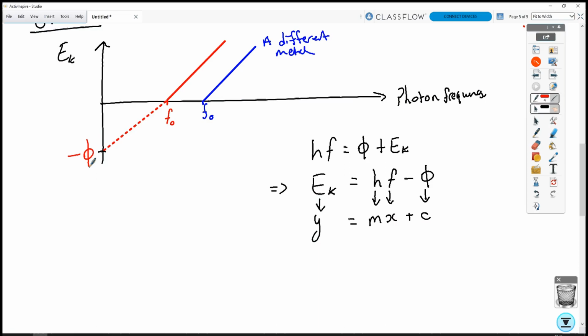So you can do that with any line. Now I'm a bit aware that in the diagram drawn, the dotted line hasn't really come out as perfect as I wanted it to. It's a bit off, but it should just be that straight line carried on.